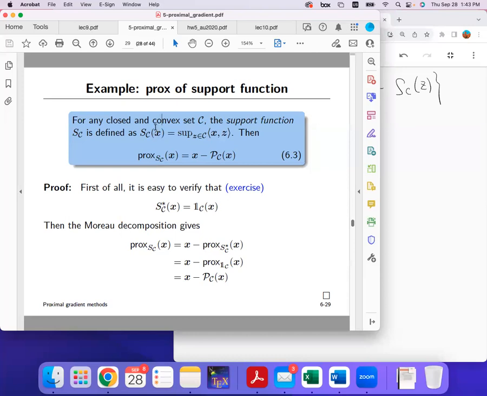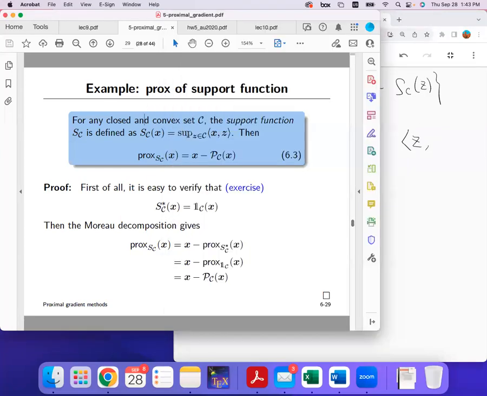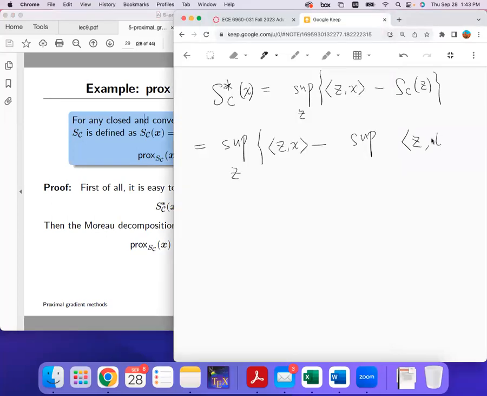Here we have the indicator of C evaluated at x, and here we are evaluating at z. For this z I'm going to use another notation, maybe t. So this sup is the support function of C evaluated at z.